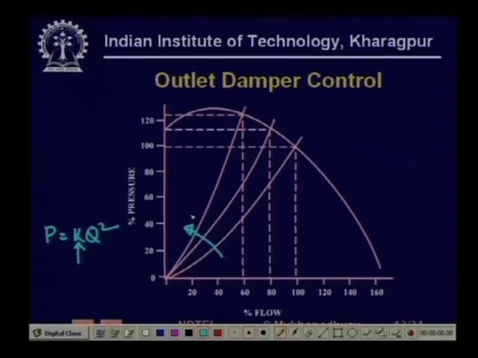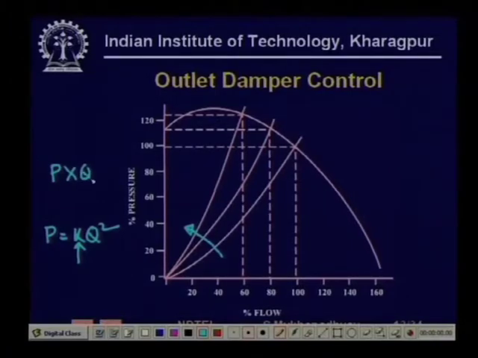Now, what is happening to the energy? The energy being delivered by a fan is P into Q. So, in other words, it is the area of this rectangle at any operating point. At this operating point, it is the area of this rectangle.